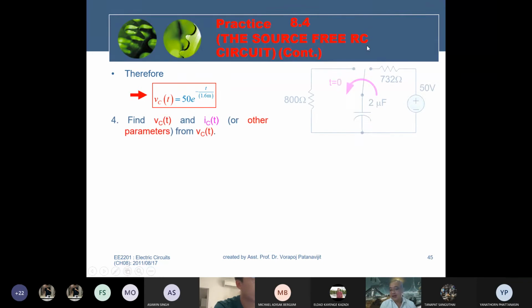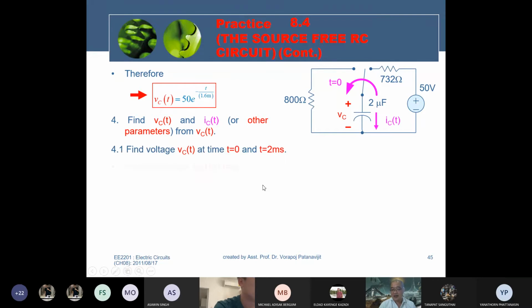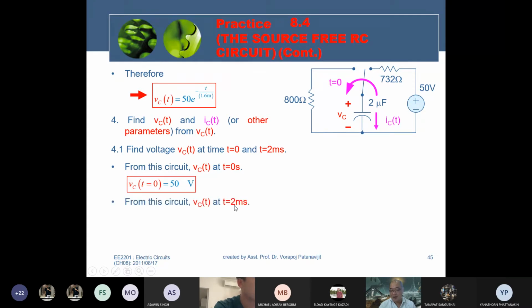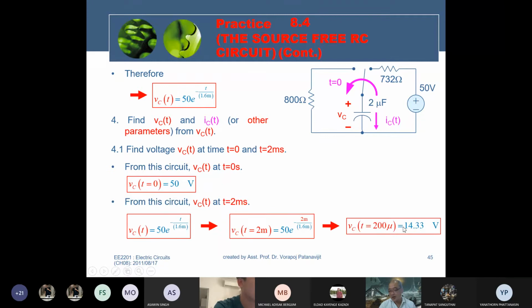The question doesn't only ask you for VC, it asks for other things. Now it asks you for VC at time equal to 0. Substituting 0 gives you 50 volts, and then at 1.2 milliseconds, substituting 1.2 milliseconds here, you get 14.3 volts.